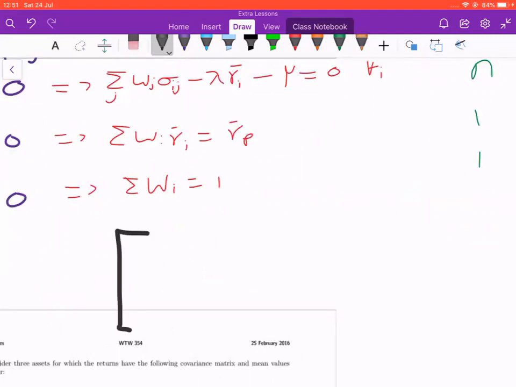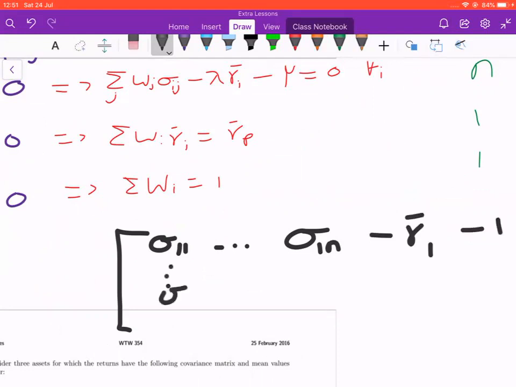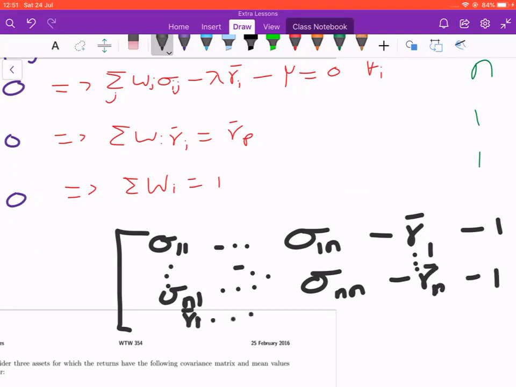So basically it will be the weight of 1, like the covariance of returns of 1 and the returns of 1, and then you're going to have the covariance of returns of 1 and the returns of n, all the way to the covariance of the returns of n and 1, all the way to the covariance of the returns of n and the returns of n, and then you're going to have the returns of 1 all the way to the returns of n.